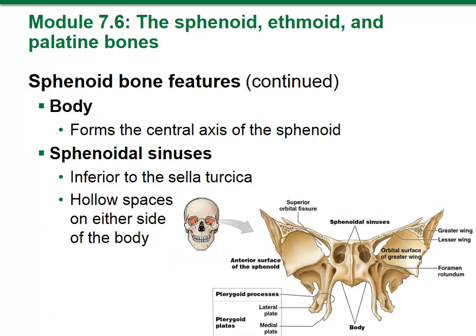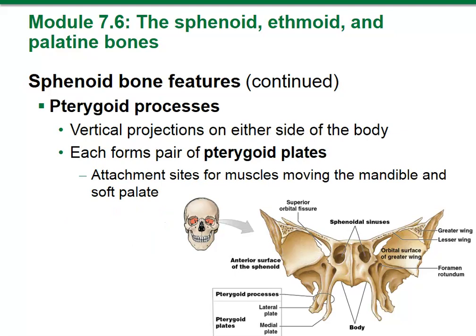I will point out that there are sinuses in the sphenoid, sphenoidal sinuses. I will point out the pterygoid plates. These are attachment sites for muscles that move your mandible and the soft palate. So those are shown here.